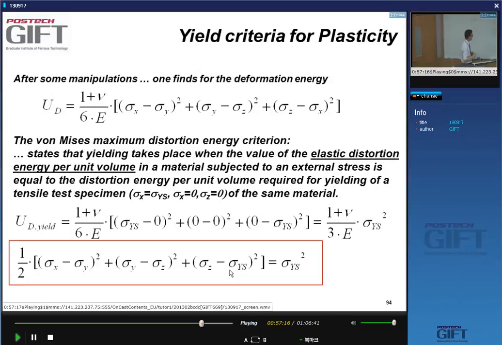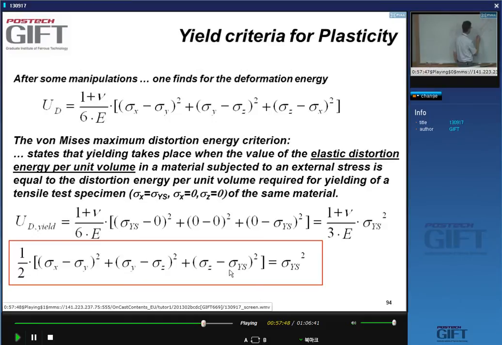One of the interesting points to look at in this stress space is the intersection of this cylinder with the, so this is sigma 1, sigma 3, sigma 2.